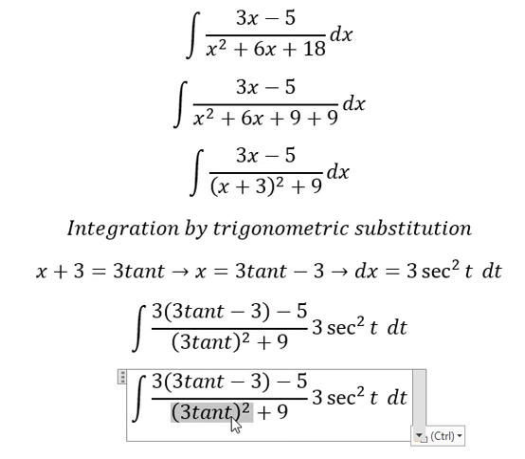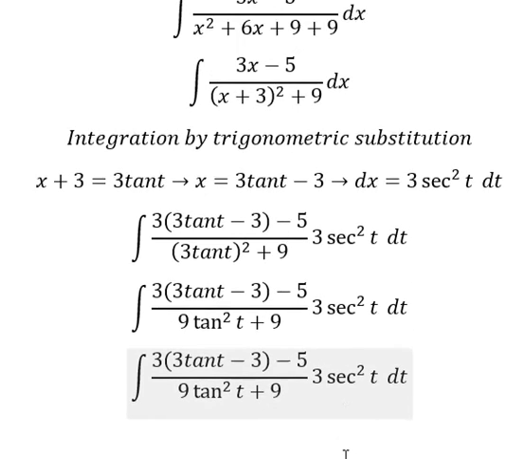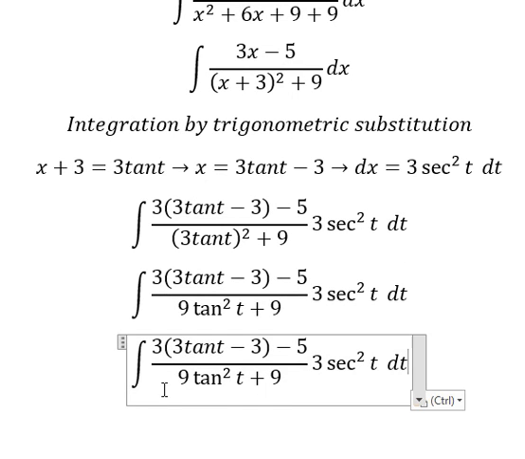So this one, we have 9 times tan squared t. So 9, we can do factorization.